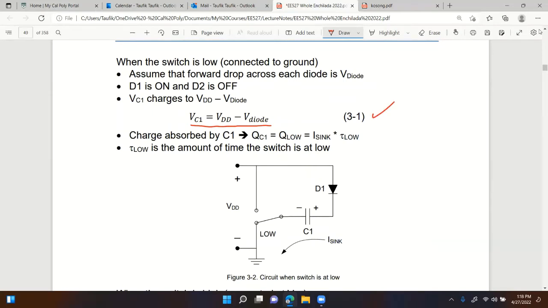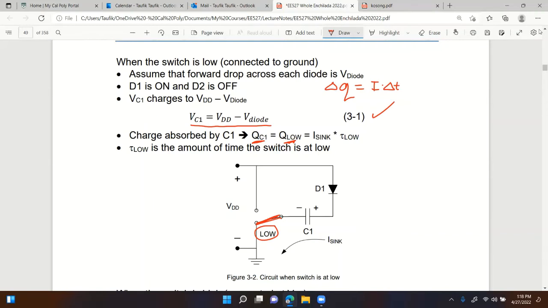The charge absorbed by C1 is QC1, which is equal to Q low, because the switch is at the low position. Q low, the amount of charge during the low state of the switch, is equal to I times delta T. Remember, Q is equal to I times delta T.